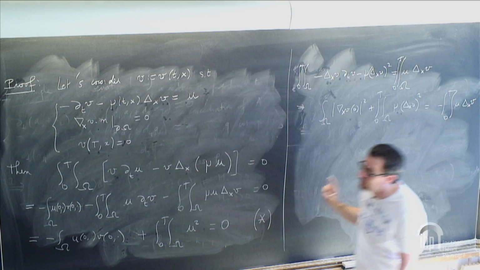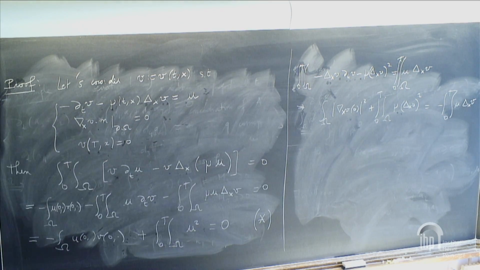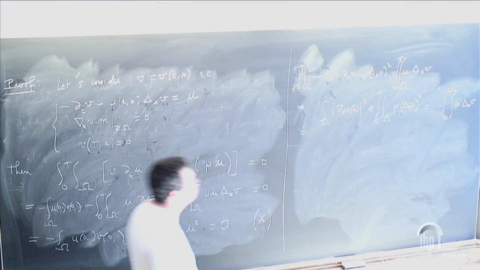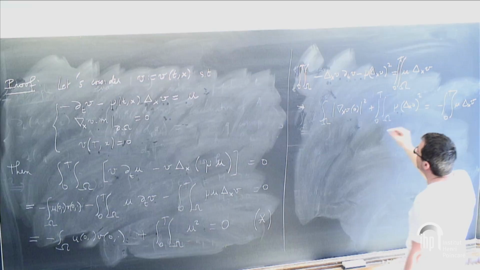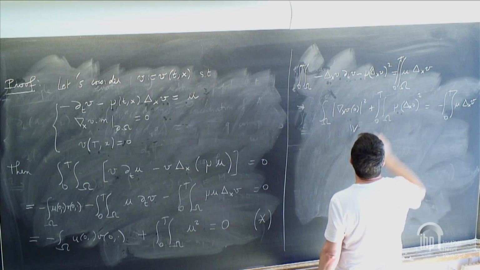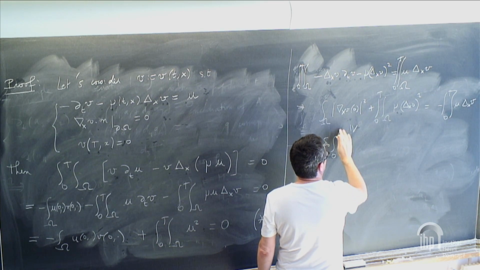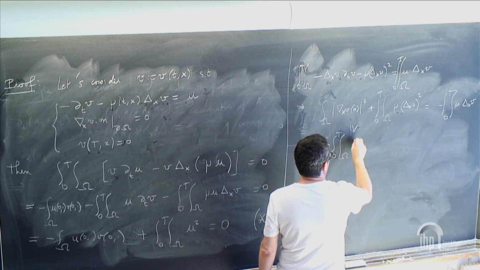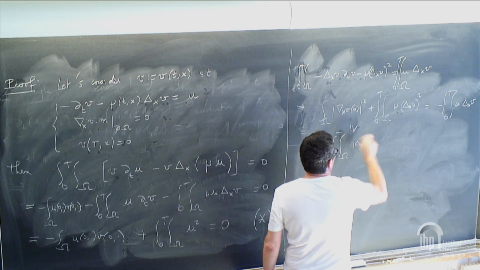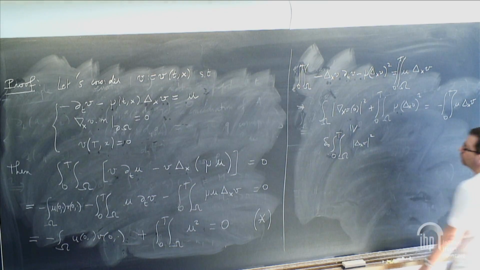But this is exactly the hypothesis which is here, that mu is bigger than delta 0. So let's say, now if I say that this one is bigger than delta 0, let's write it this way.